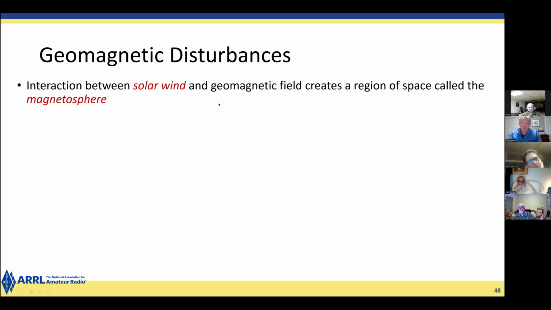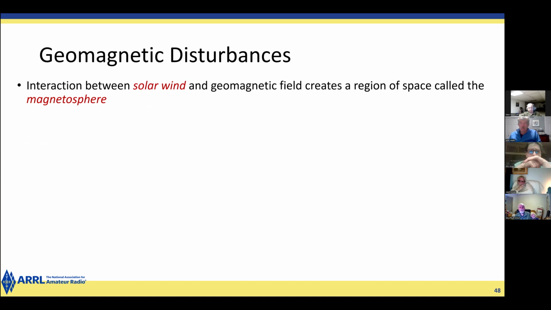But when you get to the solar wind, it replenishes charged particles because there's a steady flow of charged particles from the sun. It affects the magnetosphere around the Earth and the ionosphere. The magnetosphere is the Earth's magnetic field in 3 dimensions.